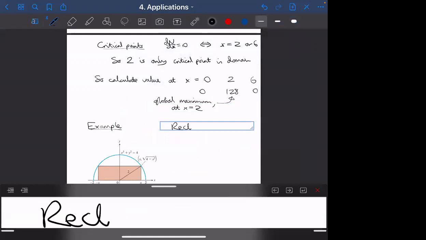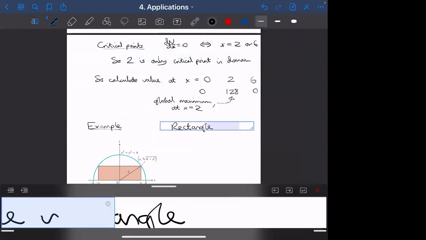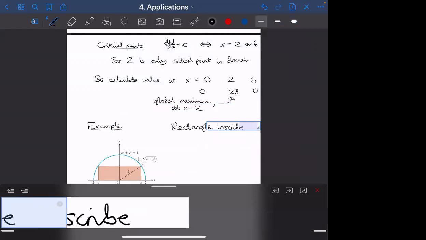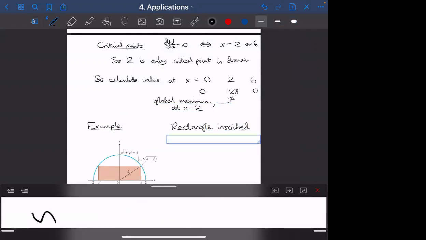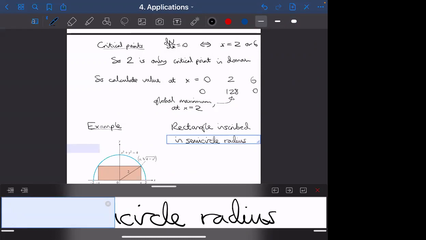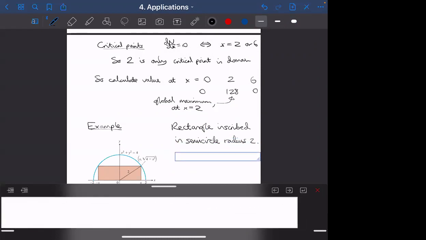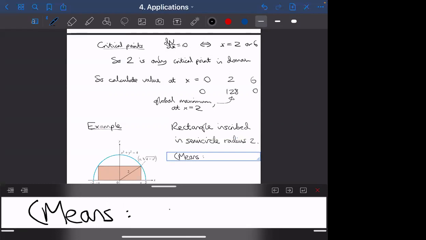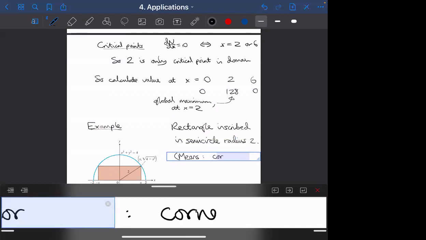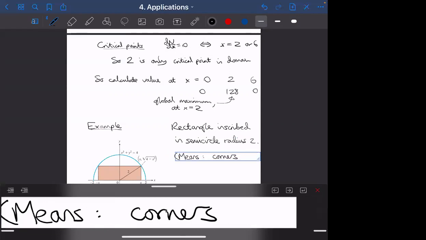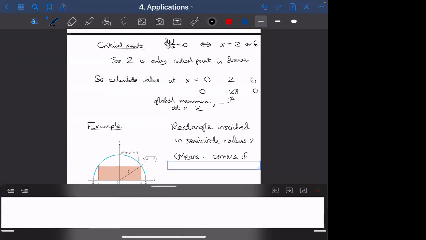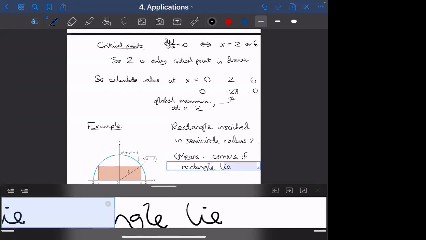So if I take a rectangle inscribed in a semicircle of radius 2, and by the way, that means that the corners of the rectangle lie on the semicircle.